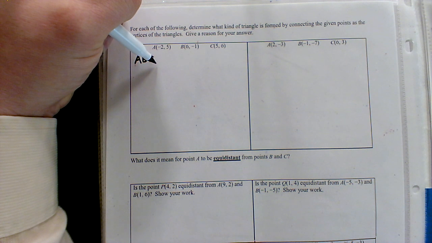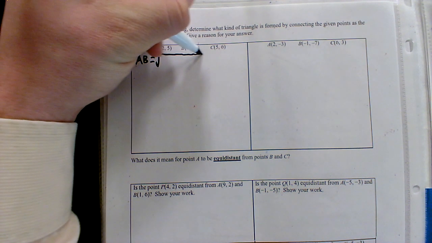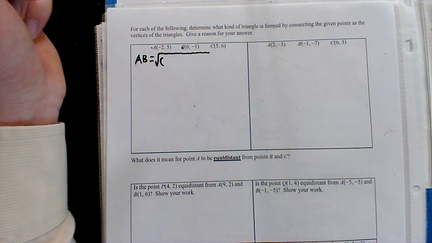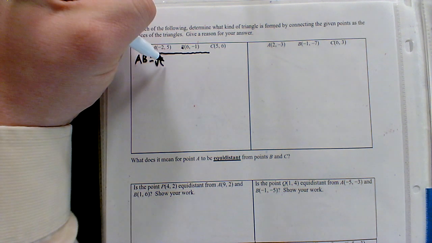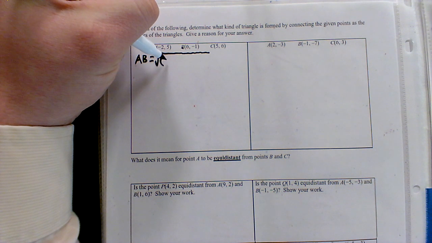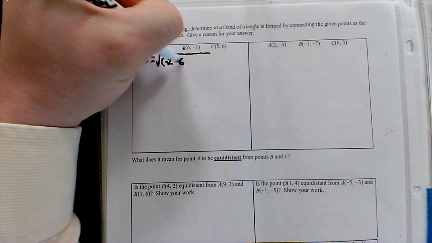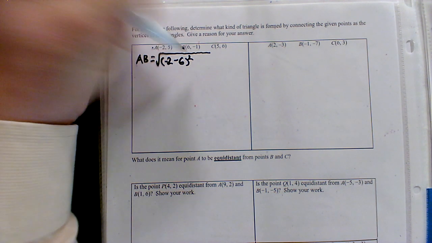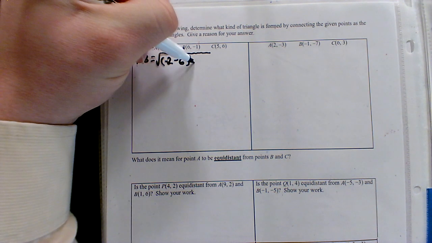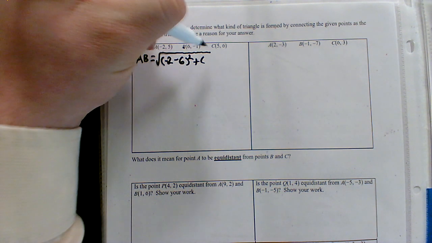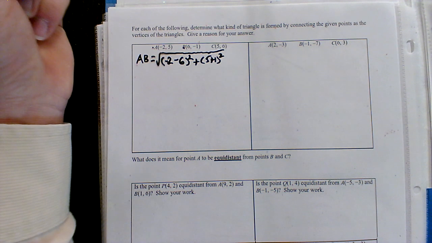And we're given our x's and our y's, so we can just fill into the distance formula. So if we're dealing with A and B first, what are we subtracting? We have negative 2 minus 6. We're going to subtract the x values, square them. Then we're going to add, and we're going to subtract the y values. 5 minus negative 1, well that's 5 plus 1. And we're going to square that.